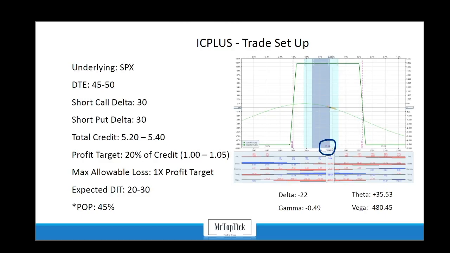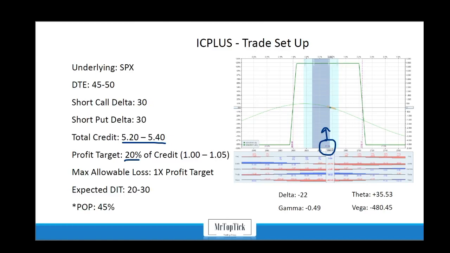But if implied volatility overstates realized volatility 80% of the time, that increases our chance of success drastically. On top of that, we're not looking to hold this trade to expiration. We're looking to get out of this trade with a small profit of only about 20% of total credit received. So this trade actually has close to an 85% probability of profit.